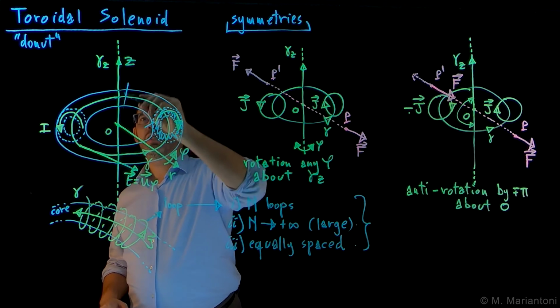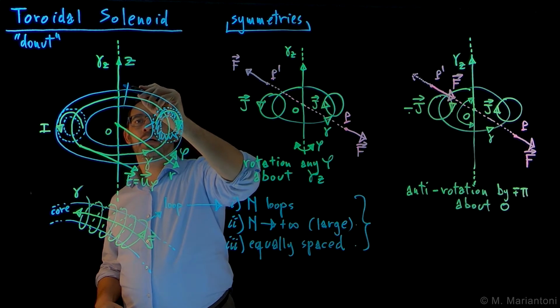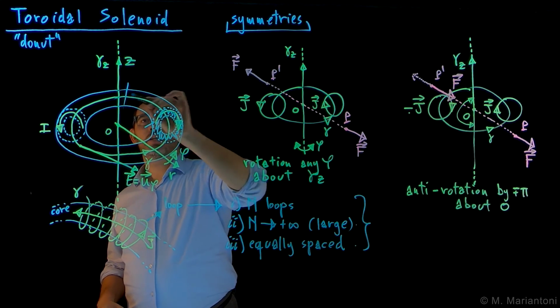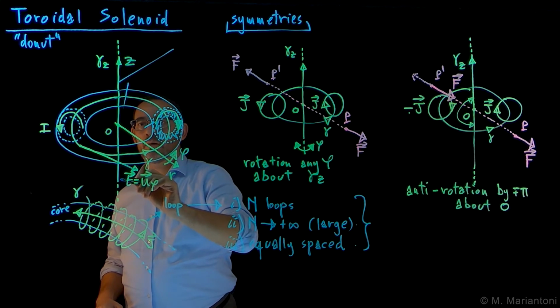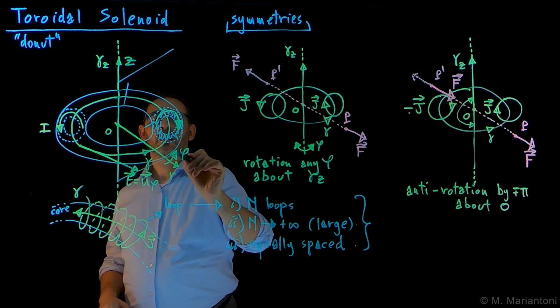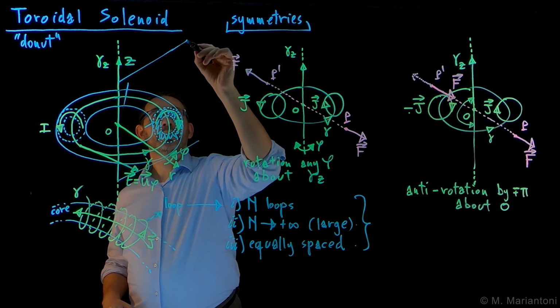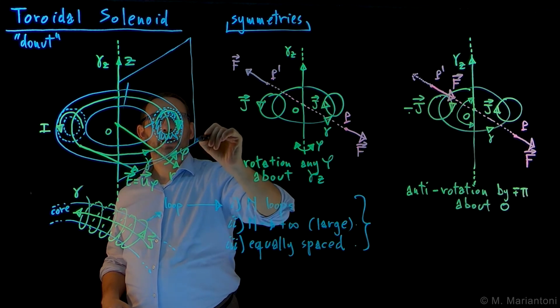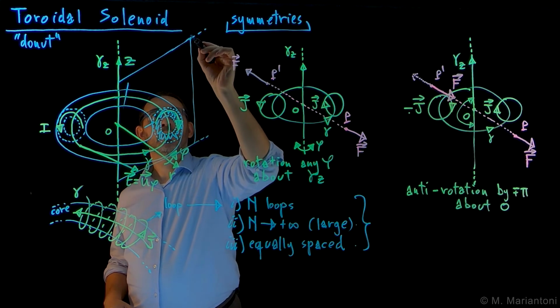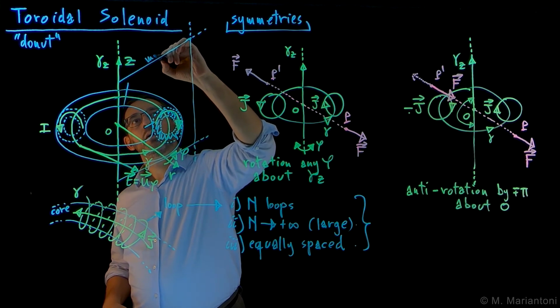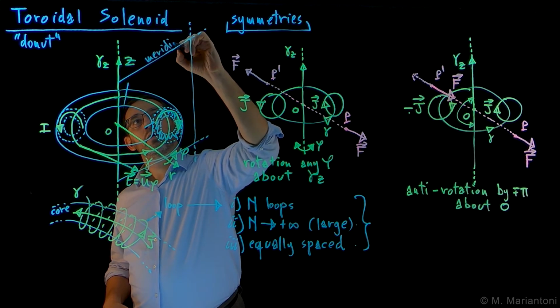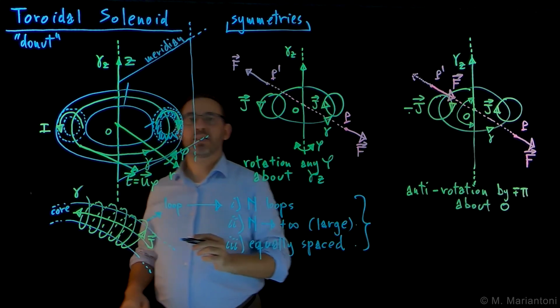Suppose that I consider a semi-plane, for example, a plane crossing this in this direction. So I consider this semi-plane here. This is called a meridian semi-plane, eventually continuous. Okay, it's a meridian semi-plane stemming from gamma z.